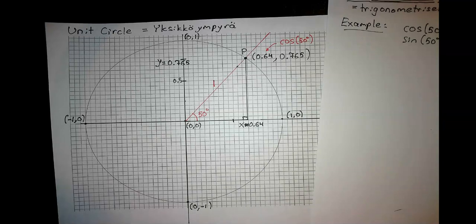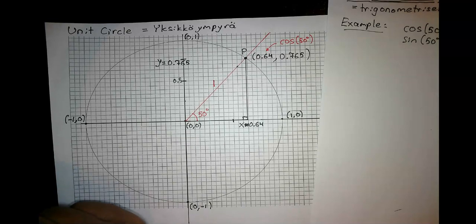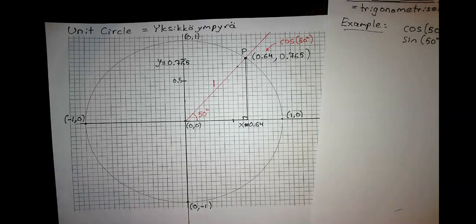Many times it helps if you can only by hand draw some kind of circle and try to approximate the size of the value for the sine or cosine, and it helps many times checking some calculations, and also when solving these equations where we have sine, cosine or tangent.